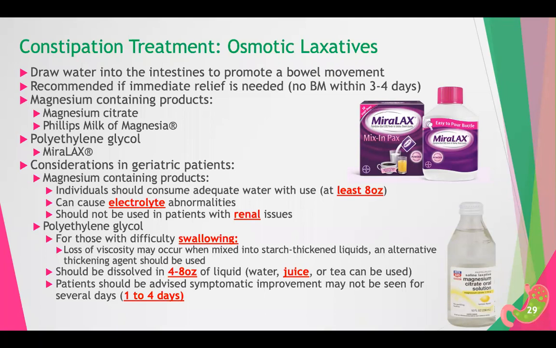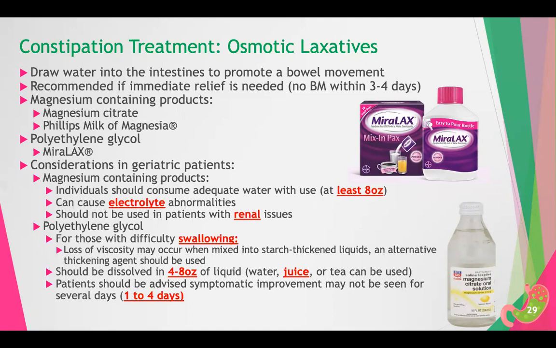or renal dysfunction. With our polyethylene glycol, for those who have difficulty swallowing, it is a powder that can be mixed with water or juice, but there might be a loss of viscosity when mixed into starch thickened liquids. So an alternative thickening agent should be used.